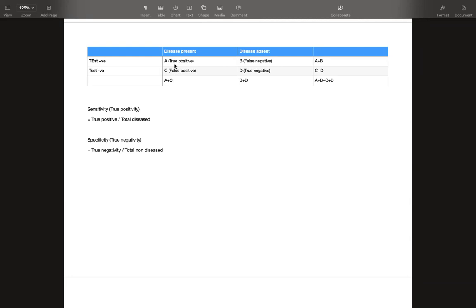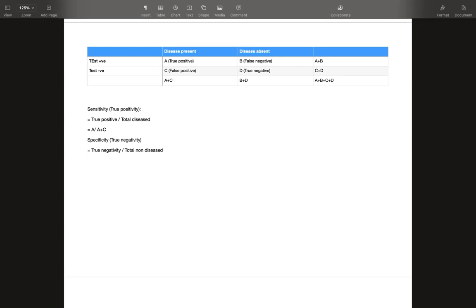That means how many people a test can diagnose out of the total diseased persons. The total diseased is A plus C, and the number of people in whom the disease is present and who are positive for the test is A, which is true positive. So the formula would be A by A plus C.